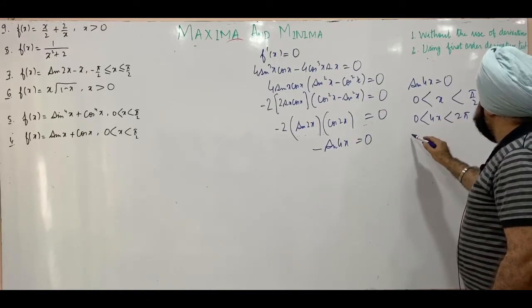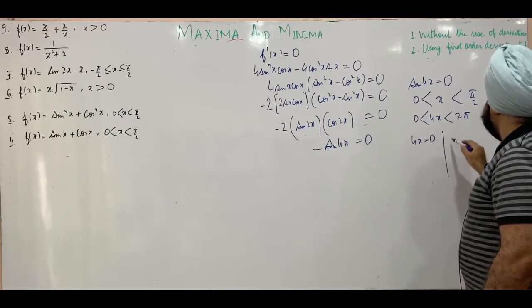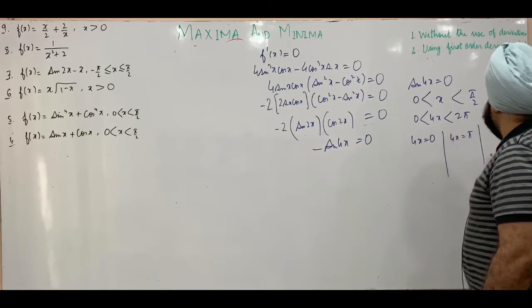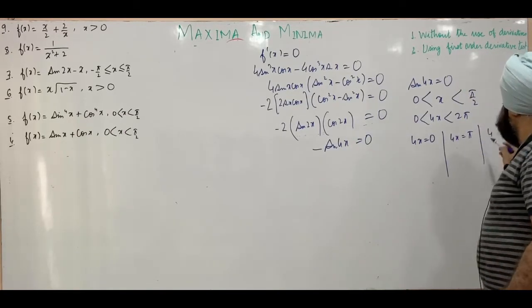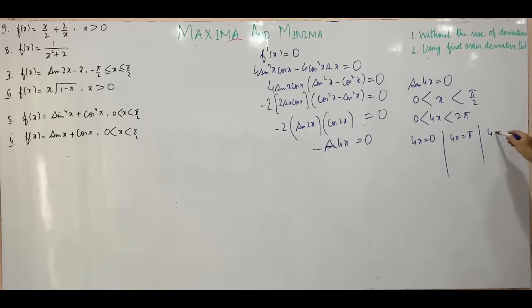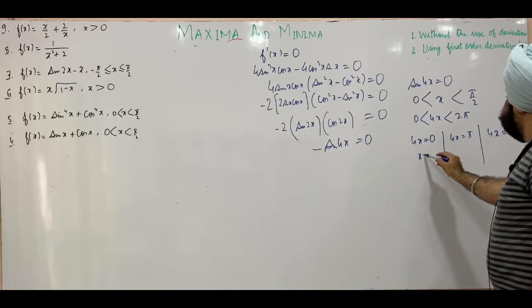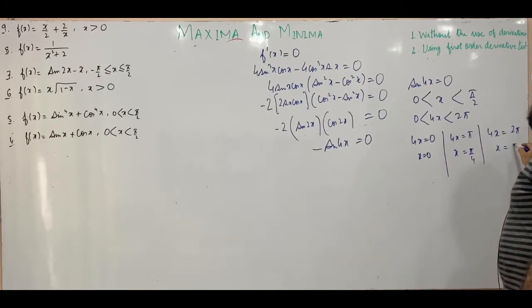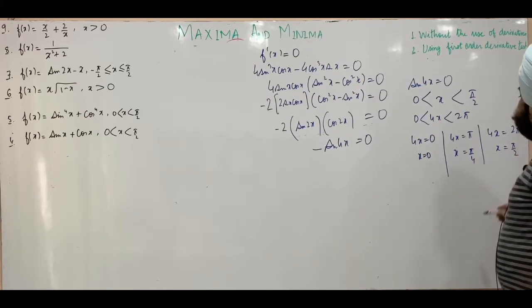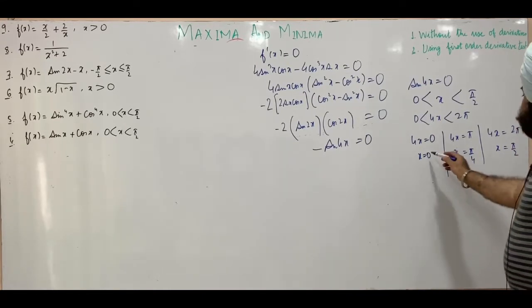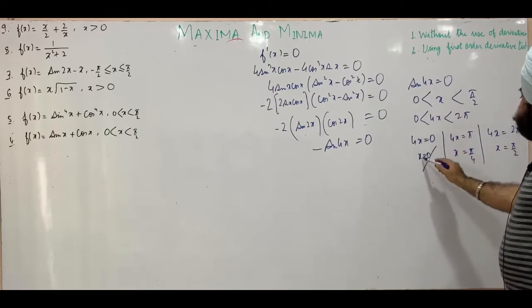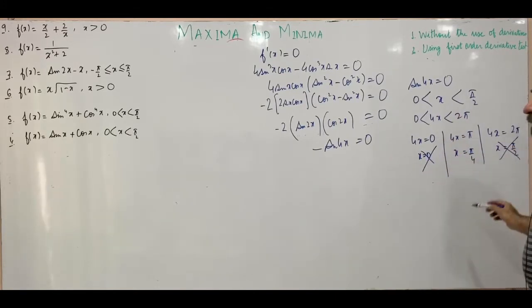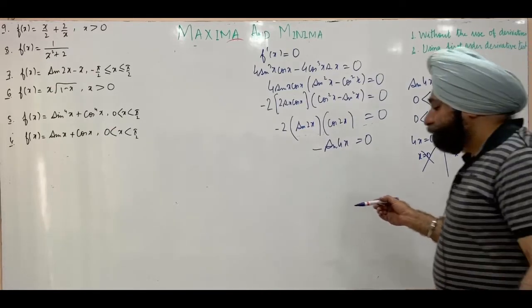Sine function is 0 when angle is 0, when angle is pi, or when 4x is 2 pi, that is when x is 0, x is pi by 4, or x is 2 pi by 4, that is x is pi by 2. So this doesn't belong to open interval, so this will be rejected. Similarly, this is rejected. There is only one critical point, that is x is equal to pi by 4.